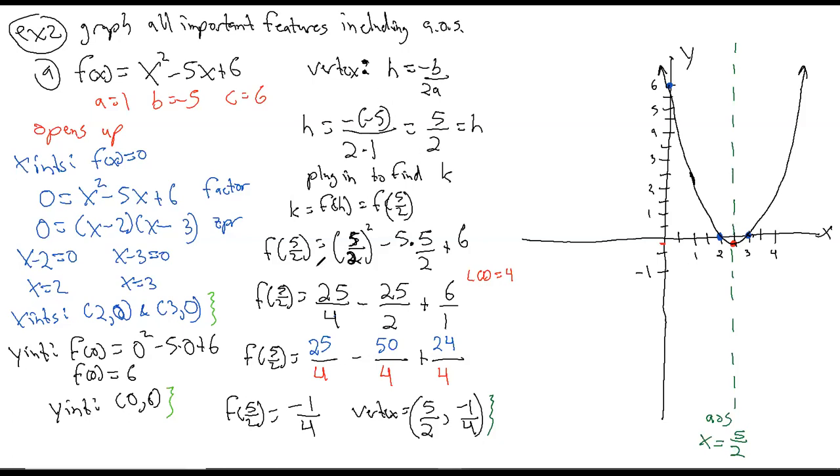The vertex I saved for last because it involved the most pain in the butt arithmetic because of the fractions. But this can happen. If it happens in lecture notes, that means it might happen on a test question. I'm not going to say you're never seeing fractions or decimals again in your life. You definitely will. We plotted our points. We made sure we knew which one was our vertex. We connected them with our nice friendly parabola shape. And because I asked for the axis of symmetry, I gave us a vertical dotted line.